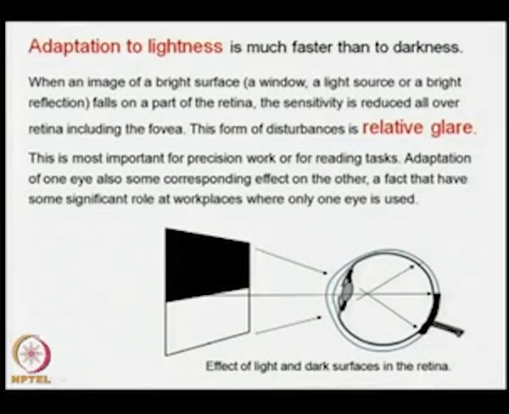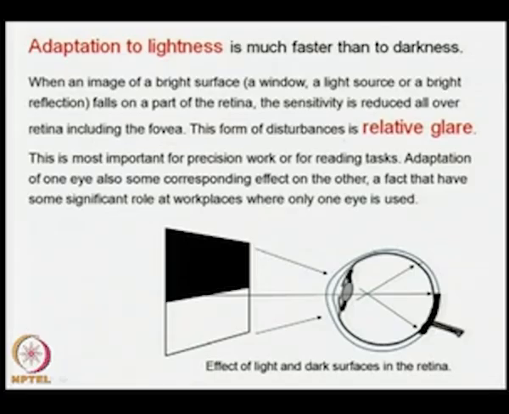The adaptation to lightness is much faster than to darkness. When an image of a bright surface, a window, a light source or a bright reflection falls on a part of the retina, the sensitivity is reduced all over the retina including the fovea.